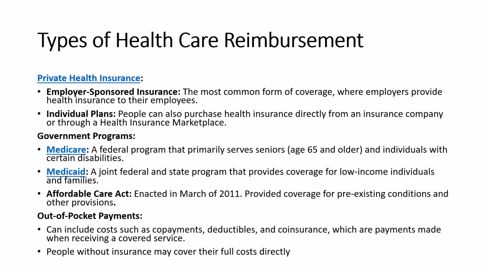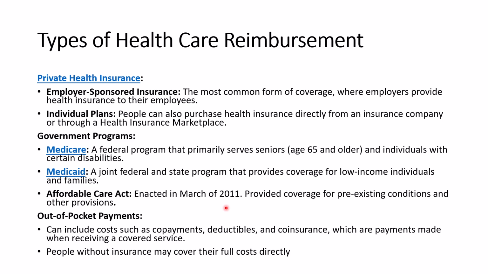But with these health insurance marketplaces, based on your income, based on where you live, based on several factors, you may get a subsidy or a discount from the government because you meet certain qualifications. One thing about the Affordable Care Act, it provided coverage for people with pre-existing conditions and other provisions, maybe a child being on your plan until they're 26 years old, or not being able to deny coverage on certain bases. So the Affordable Care Act looked at some of those things also.